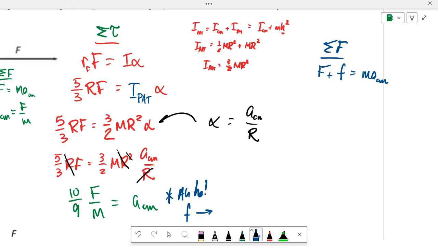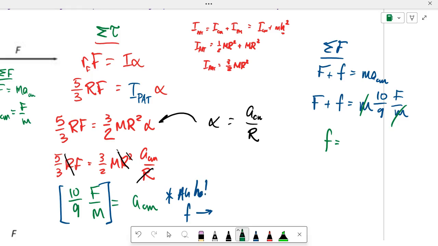F plus f is M ACM, which is 10/9 F over M. So f is 10/9 F minus F, which is 1/9 of F. Not bad, right?